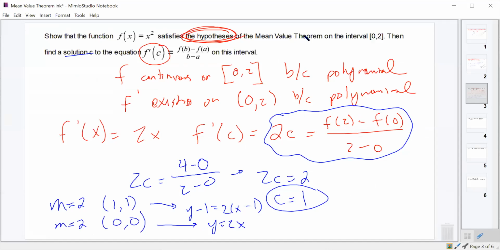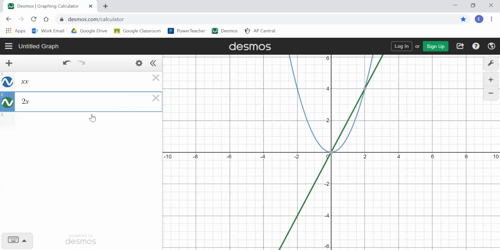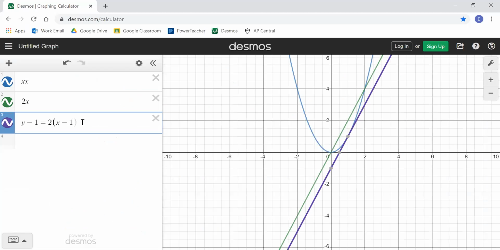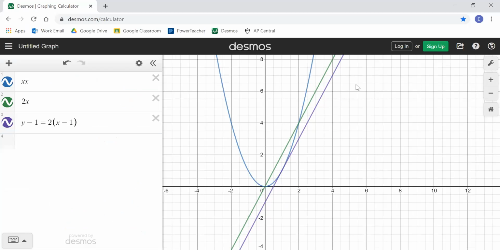All right, y equals 2x, and then y minus 1 equals 2 times x minus 1, and we can see that clearly those two are parallel, which makes sense because they both have a slope of 2. One goes through the endpoints of the interval we were talking about, 0, 0, and 2, 4, and the other one is tangent to our function at 1, 1. Good or no?